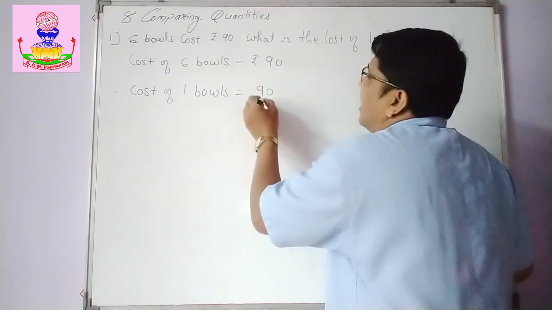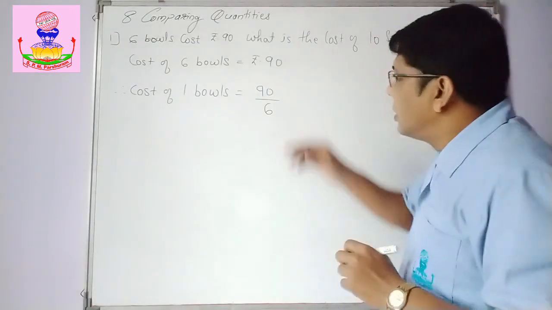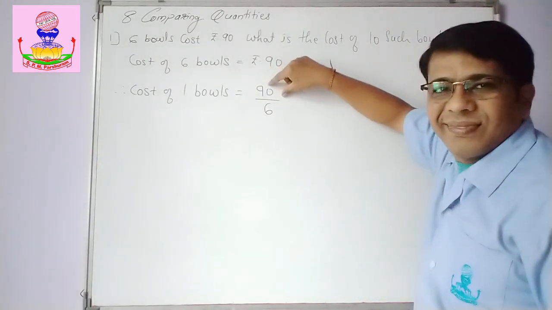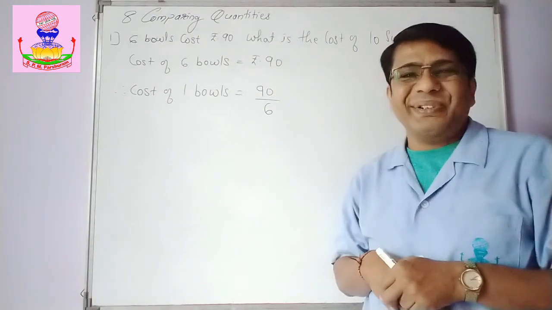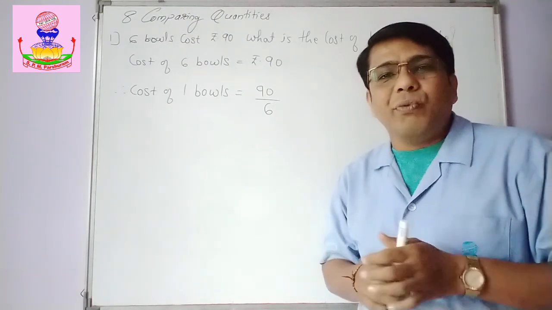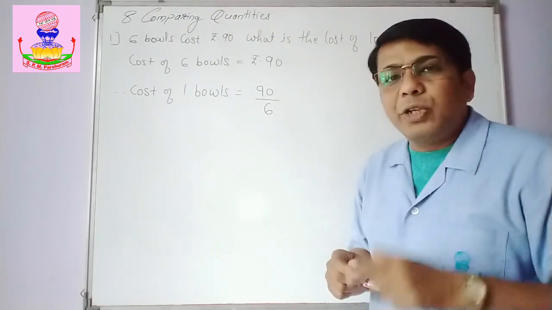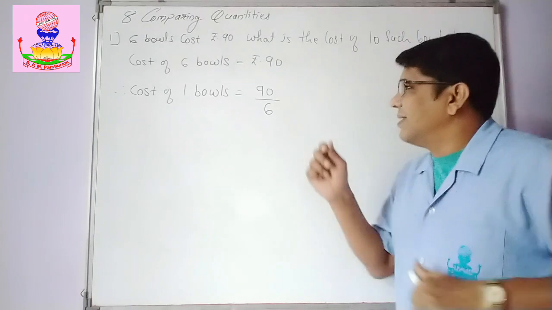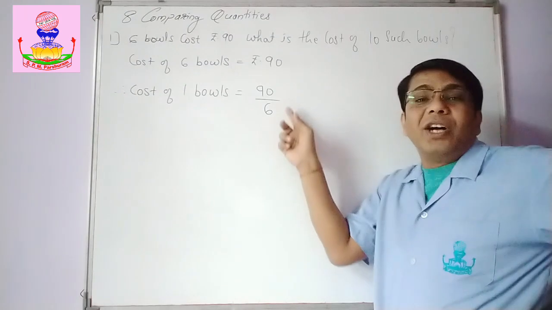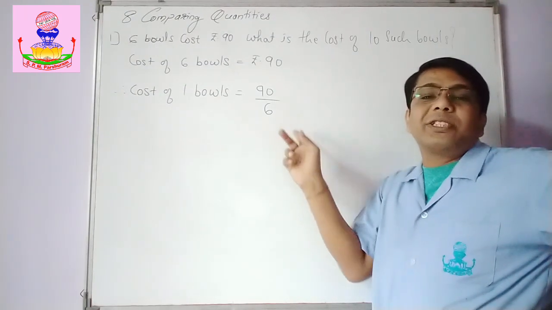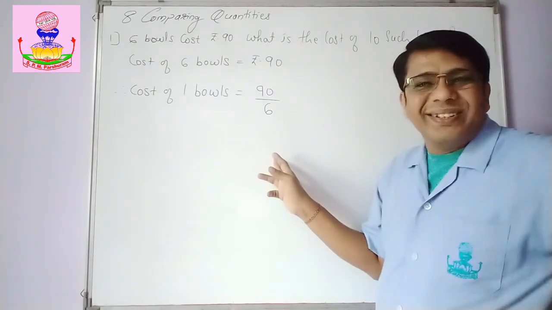So 90 upon 6. Here this is cost and here it is number of bowls, so two different quantities we have compared in the unitary method. When we use the unitary method, for the unit value we get a per value, cost per unit. Here you get the cost of 1 bowl.